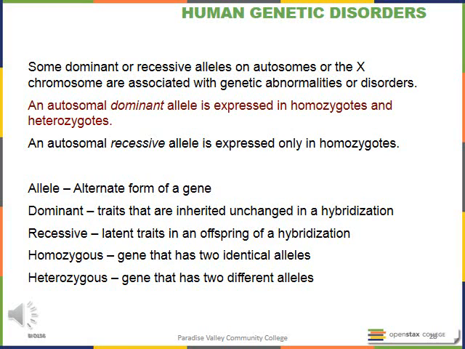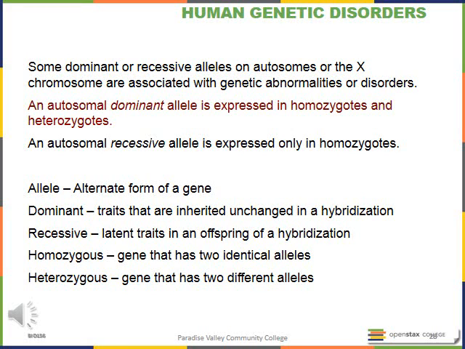In this case, they're talking about autosomal dominant, which means your somatic cells, everything other than your gametes, chromosomes 1 through 22. If any of those have a dominant allele, in a homozygote or heterozygote, the dominant one is going to be the one that you see. The dominant one is expressed. That's what that means.